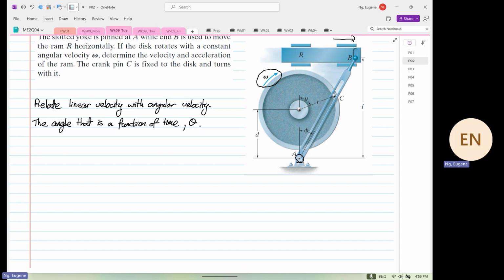One is theta and the other one is phi. For the way we solve, the rotation, only one angle can vary. So we are going to pick theta as a function of time.